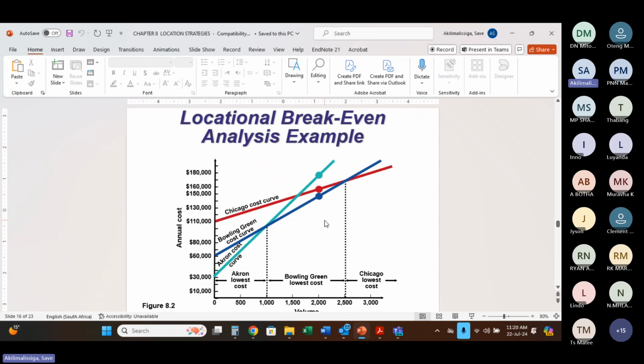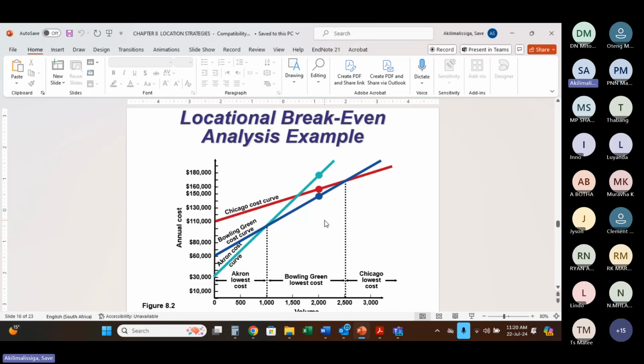And during our other sessions, where we're going to have some exercises, I'm going to demonstrate how you can also get the same result without even plotting the graph, by doing the calculations and identifying the range or the intervals where each location is best compared to other locations, just through calculations.